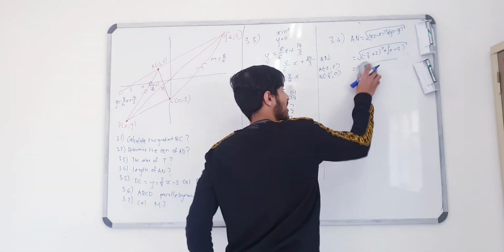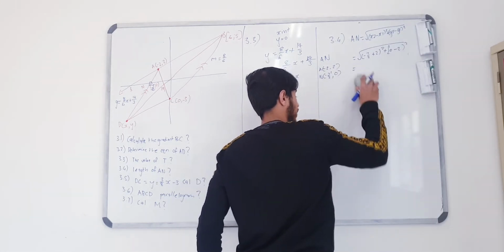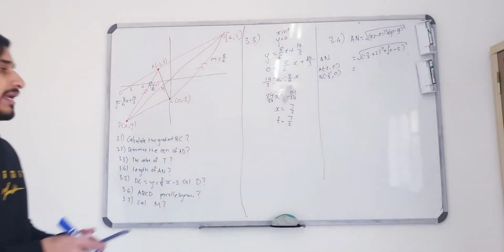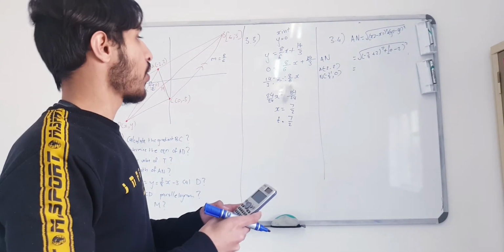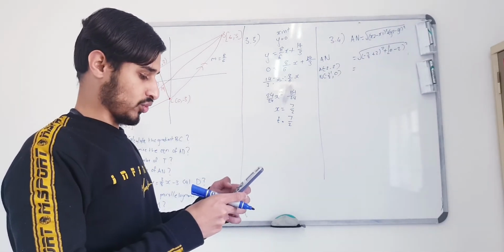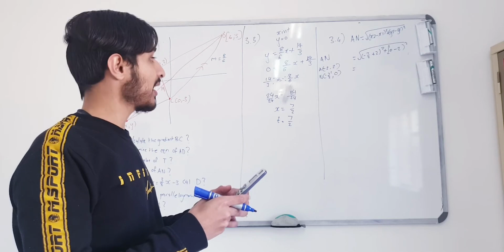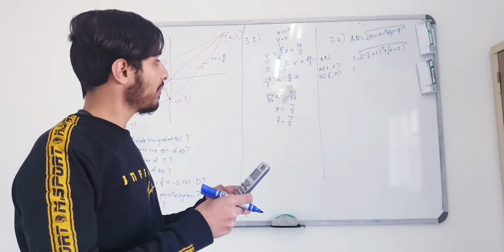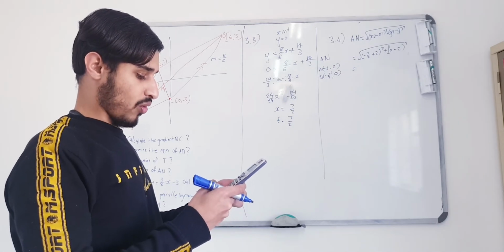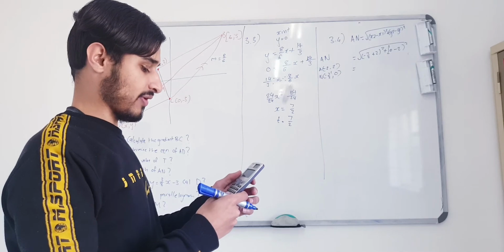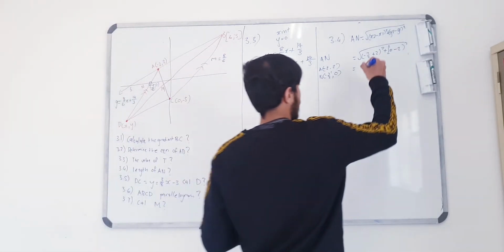So I plug it in my calculator: negative 7 over 2 plus 2, close the brackets, all squared, plus 0 minus 2 whole squared. Lovely. And that's going to give us 5 over 2.